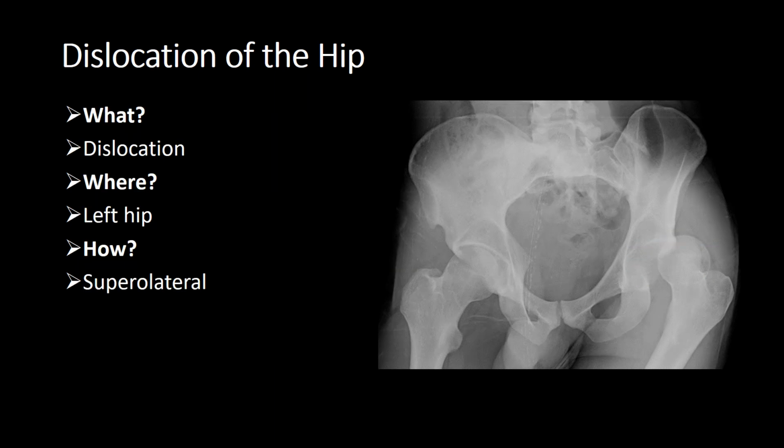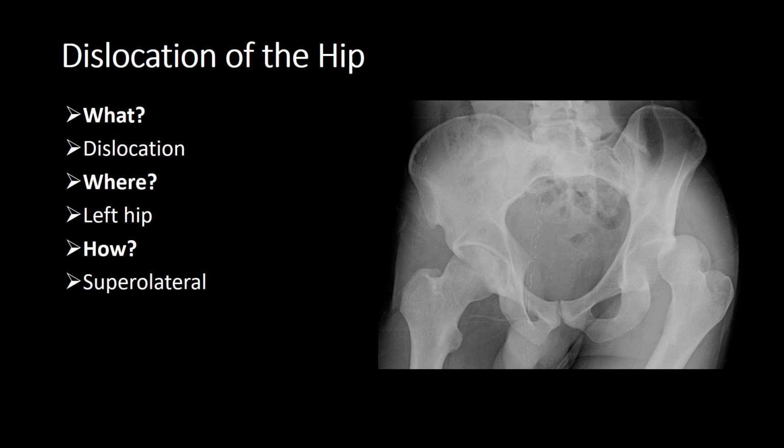So what is it? It's a dislocation of the left hip. On this single view, you would describe it as a superolateral displacement because the femoral head has moved laterally to the pelvis and has projected superiorly. But because this is a dislocation of a normal hip, not of either a hemiarthroplasty or a total hip replacement, most of these dislocations are either posterior or anterior.